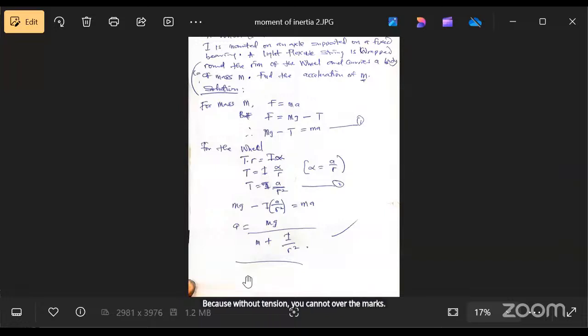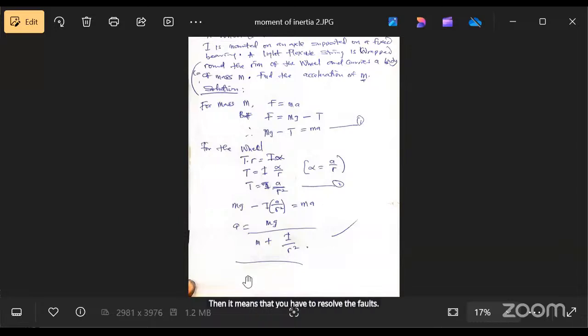So once you have two forces, you cannot use F equals ma. You have to use effective force to replace that F.